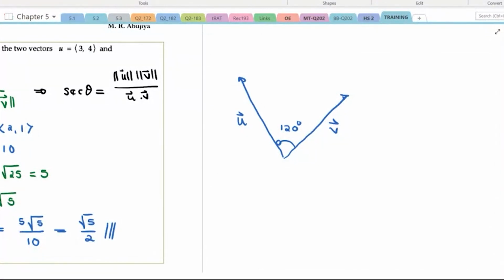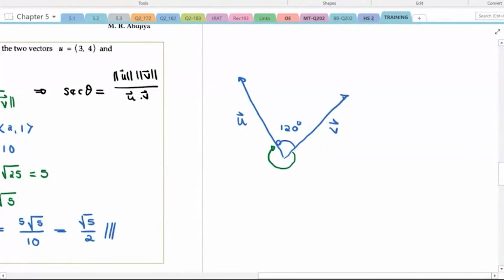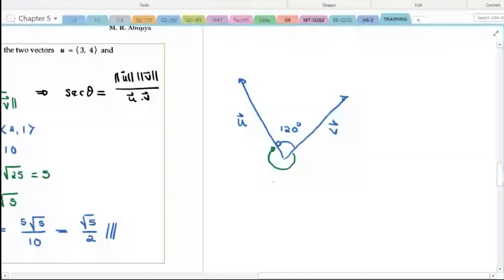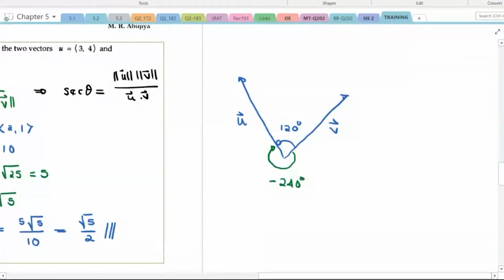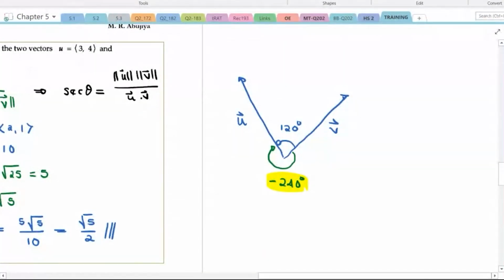And then we know that this one here is going to be a negative angle, and this is going to be minus 240 degrees. Now, you should know one thing, that the trigonometric function of minus 240 and the trigonometric function of 120 degrees are the same.